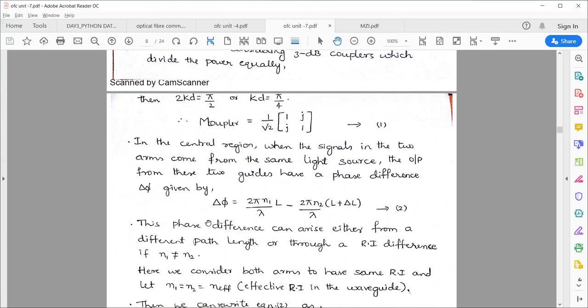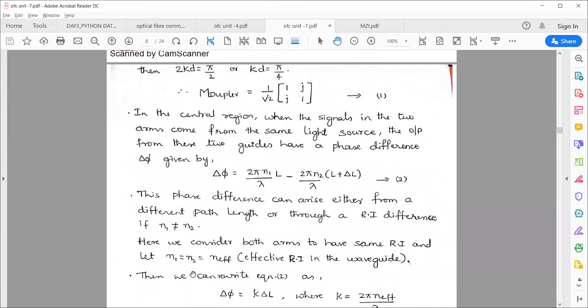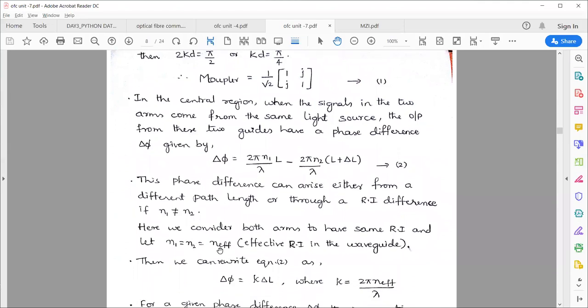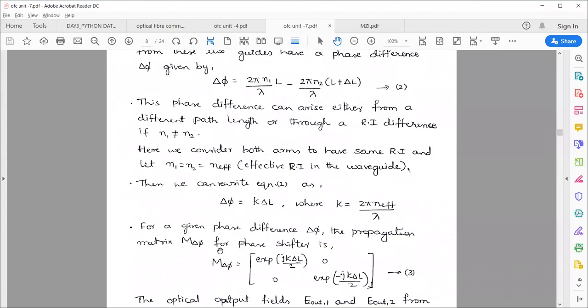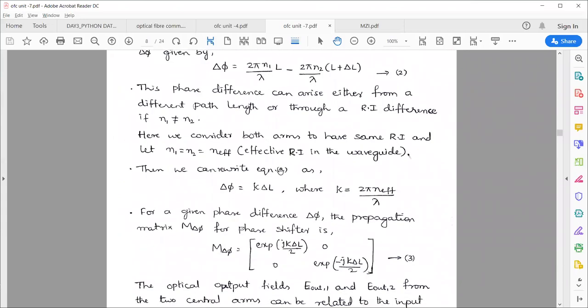So in this case of our derivation, as I mentioned, we are going to consider the refractive index of both the arms to be the same, that is n1 equal to n2, the effective refractive index, and we are going to consider the phase difference being introduced by adding an additional length delta L. So once you replace n1 and n2 as n effective, the equation of the phase difference turns out to be k into delta L, where k is 2 pi n effective divided by lambda.